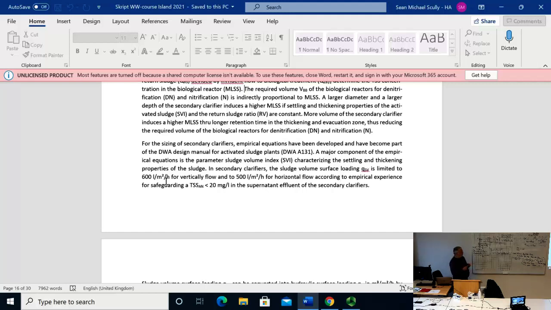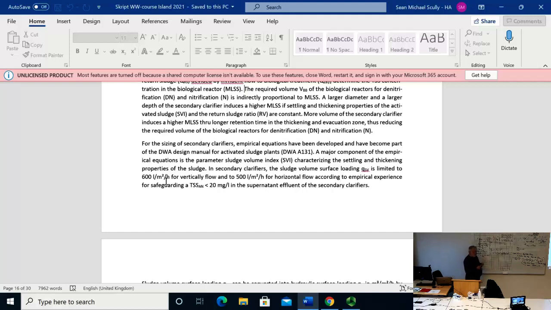Everything else you can calculate. The same goes for the four factors: what sludge volume index shall I use, what thickening time, what scraper factor, and what return sludge ratio shall I use? This is data we have from experience.